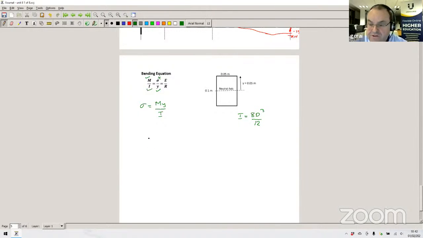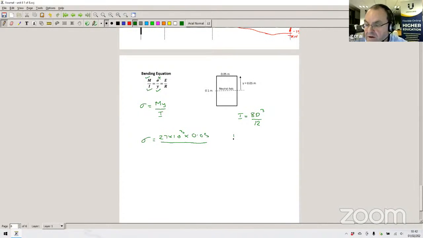We can work out the stress is equal to 27 times 10 to the 3, times the distance y, which is 0.05, and we need to divide that by our second moment of area. I'll just do the second moment of area for you.